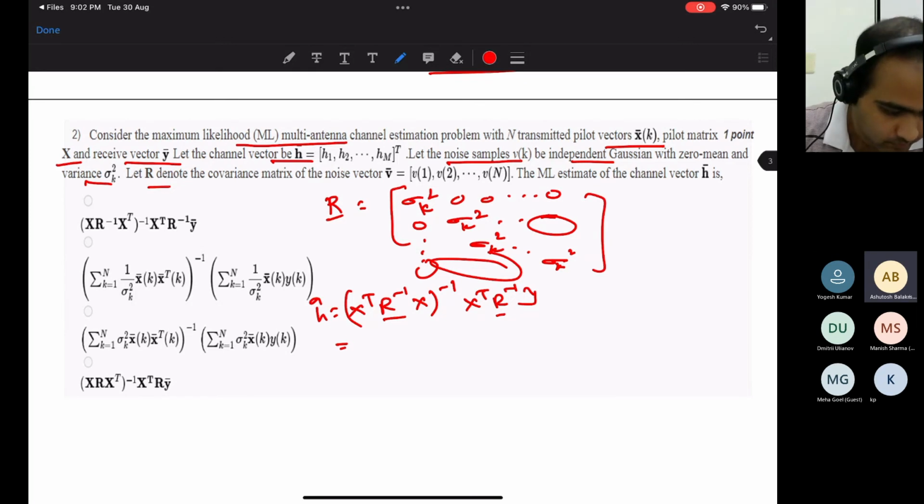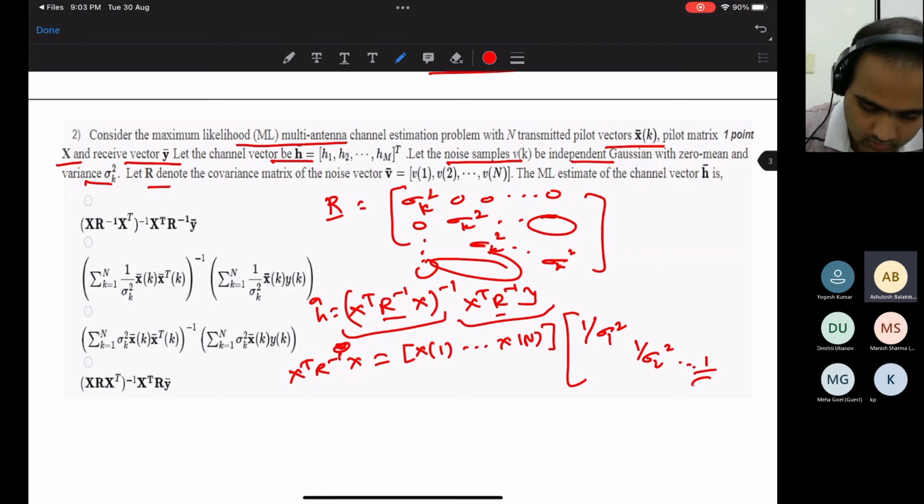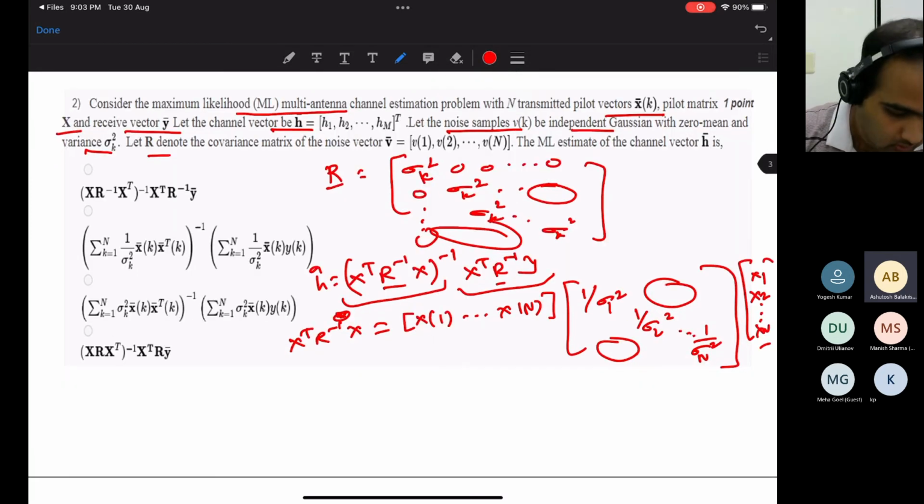This has two parts and we'll solve it one by one. X transpose R inverse X is X of 1 to X of n, times the diagonal matrix 1 by sigma 1 squared, 1 by sigma 2 squared, up to 1 by sigma n squared with all other entries zero, times x1, x2, up to xn.